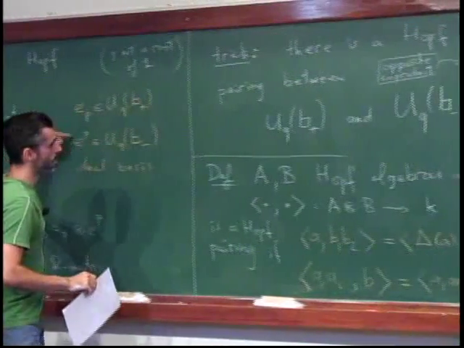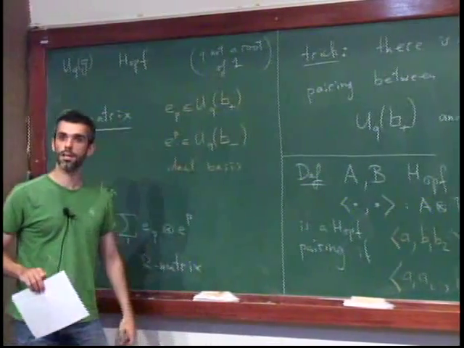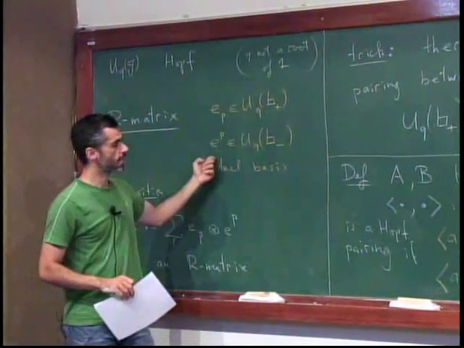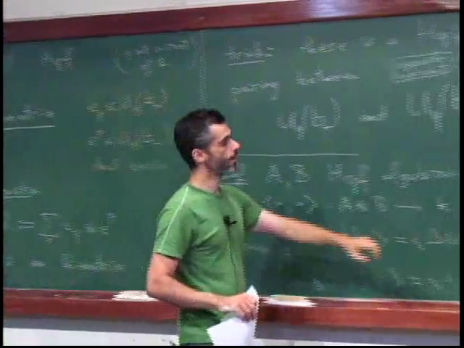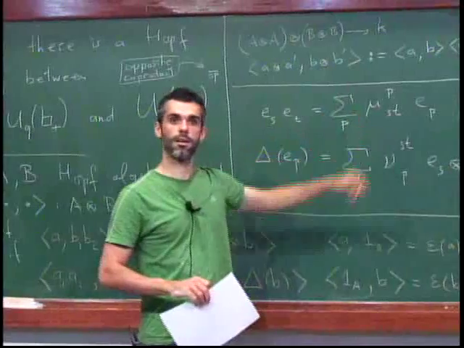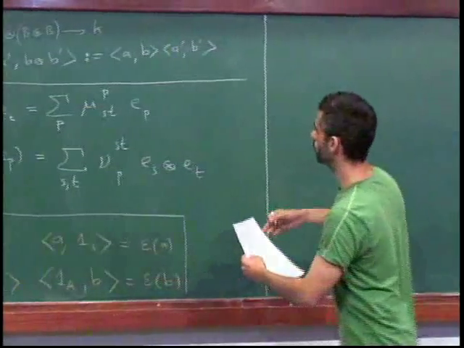Because the duality is a Hopf duality between these two things, the matrices that control the product and coproduct in that second algebra are the same as those matrices, except they play opposite roles.